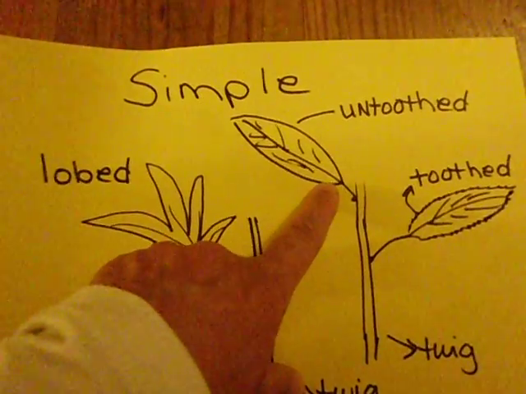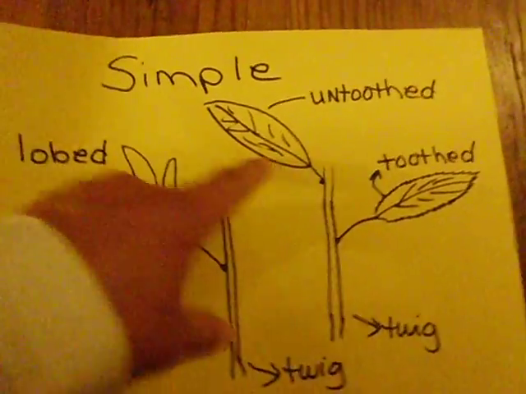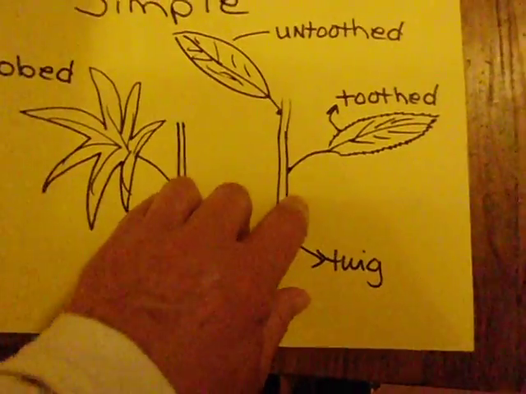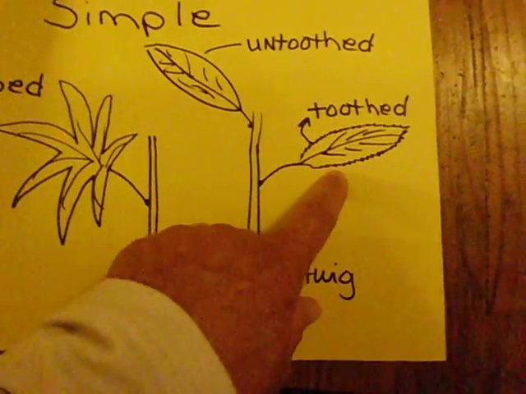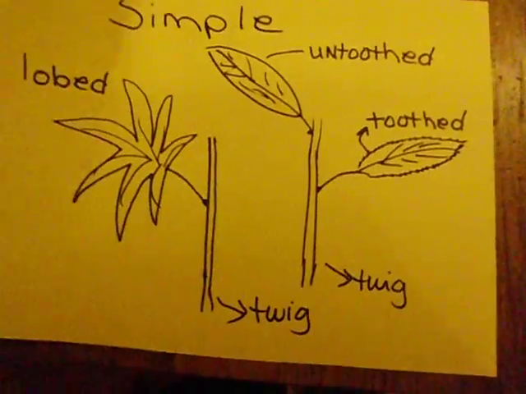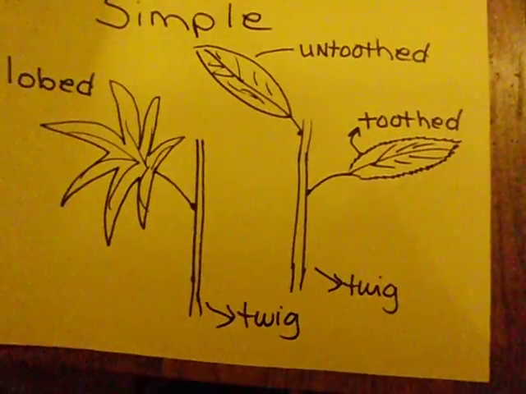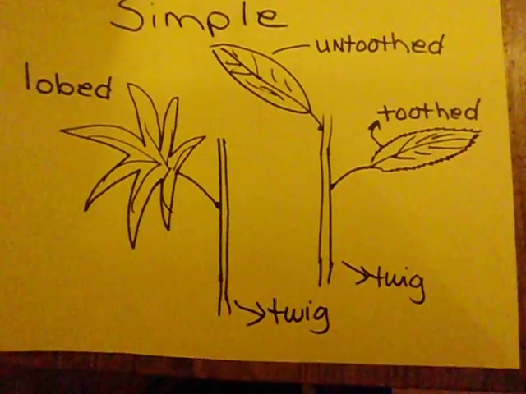Untoothed is just smooth along the edge. A dogwood is smooth along the edge. Toothed would be the wild cherry trees, or even a beech tree. They just have jagged edges, sometimes referred to as serrated.